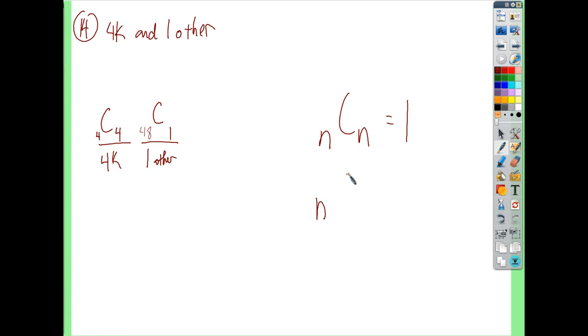So similarly, nC1 is always just whatever n is. Because you're choosing from this one at a time, so there's that many ways. But anyway, it's just going to be 1 times 48. So 48 hands that have all 4 kings. It's a lot easier than this one. Yeah, it usually is with combinations and permutations.